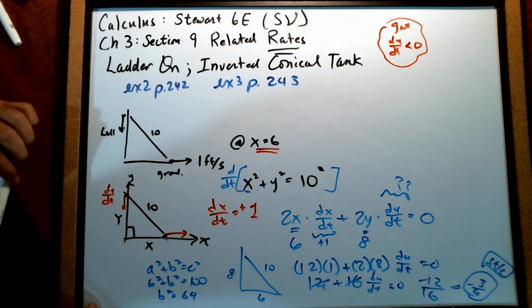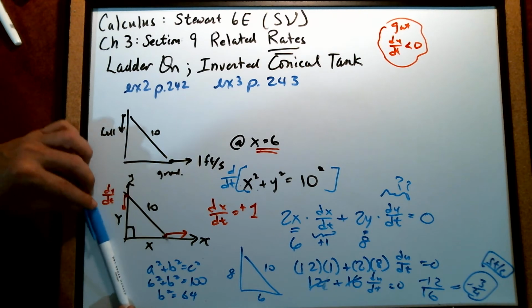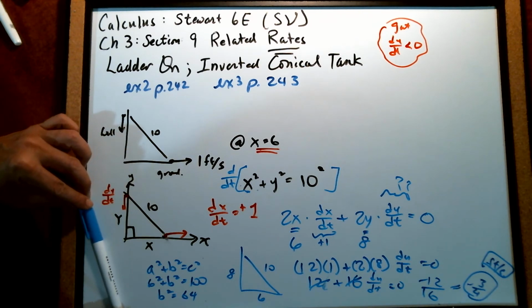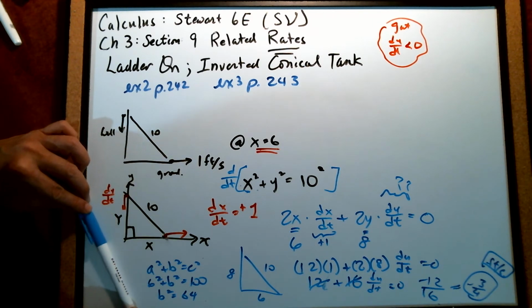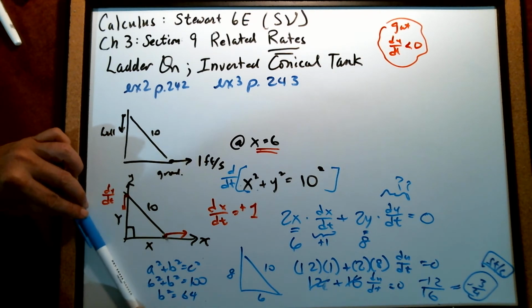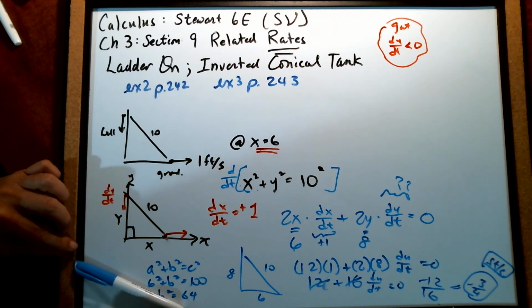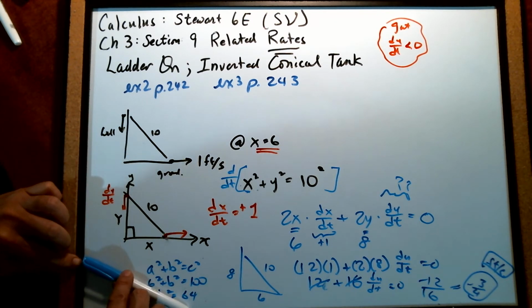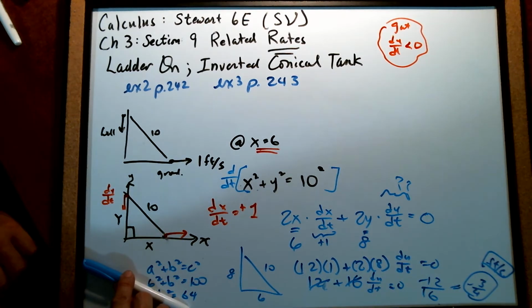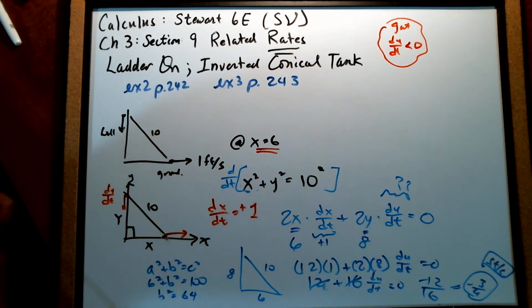Let's say this is the end of the wall right there, where the wall meets the ground. As the ladder, this is the 10-foot length, as the ladder is going down, down, down, this is going 1 foot per second. At the top, it's going negative 3/4 feet per second. Okay, that's it.